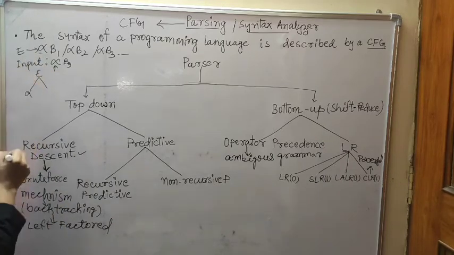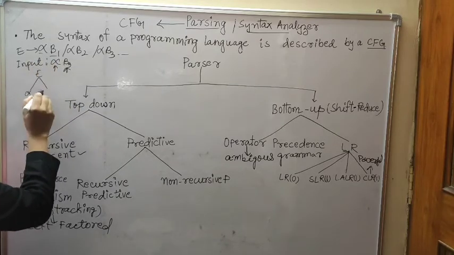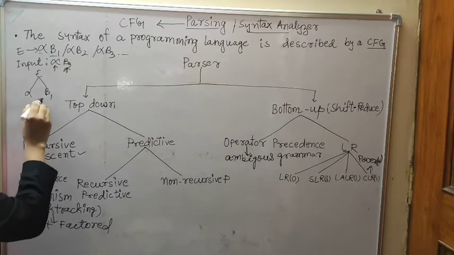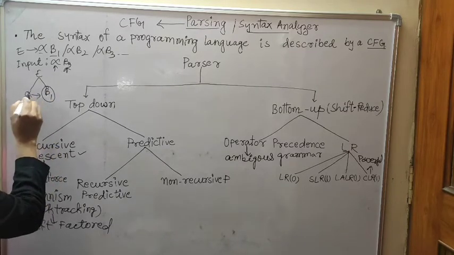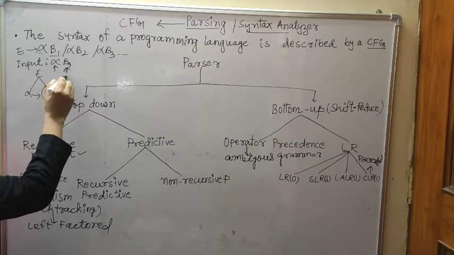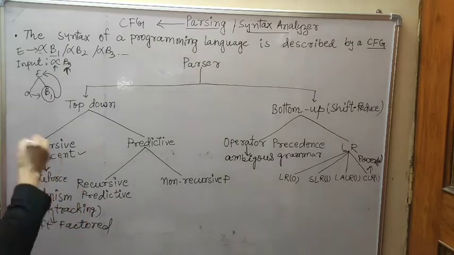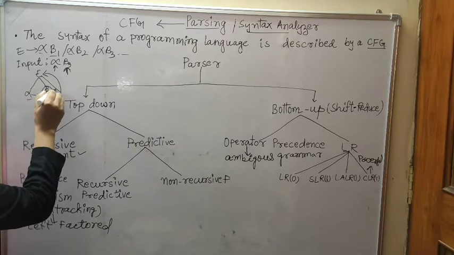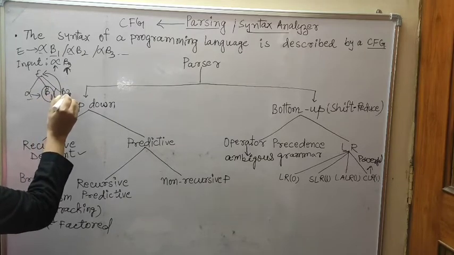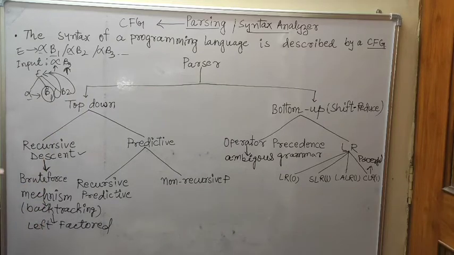I got alpha, so I go to alpha, and then without looking at beta3, I go to beta1. We have gone to beta1, and afterwards we see this is not matched. So we backtrack to E, and then we go to alpha, already matched, then again we go to beta1 and replace it with beta2. This is also not matched, so again we backtrack. So it suffers from backtracking. So how do we eliminate it? By the left factor.